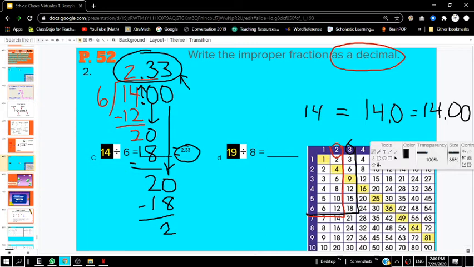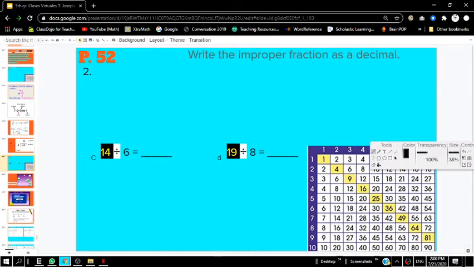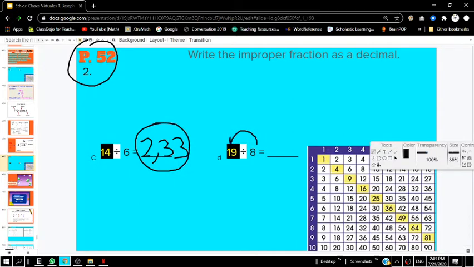All right, let's try the next answer. What I'm going to do is erase everything on the screen so that I have enough space to do letter D. Again, our answer was 2.33 for our first problem on this page, page 52. All right. How many times does 8 go into 19?